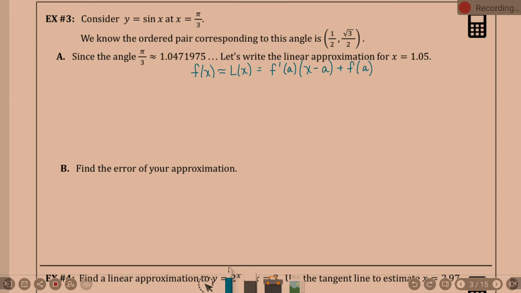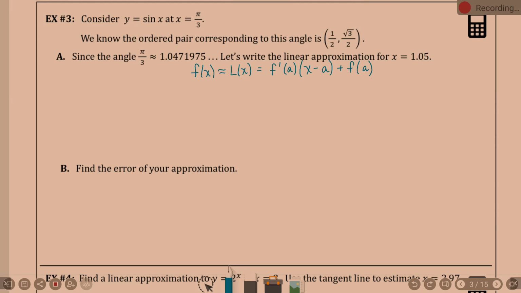I don't care which way you write it. Yesterday they did have the f of A out front, and then the f prime of A times x minus A. Same idea. Okay, so with that in mind, what is our A value we're using?